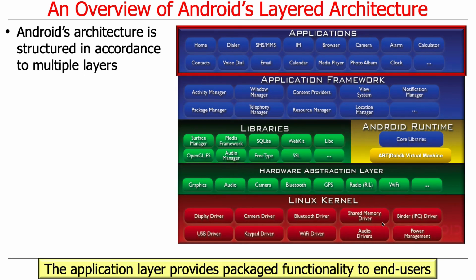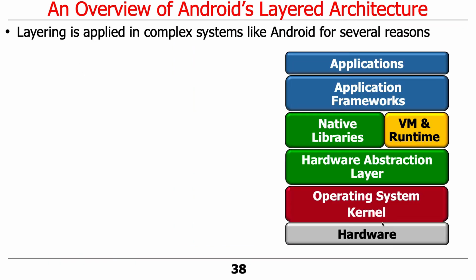And then the application layer is what really provides the packaged functionality that we use. That's what people really care about, right? You want to have access to the 2 million apps or whatever that are available on the Play Store or iTunes and so on.